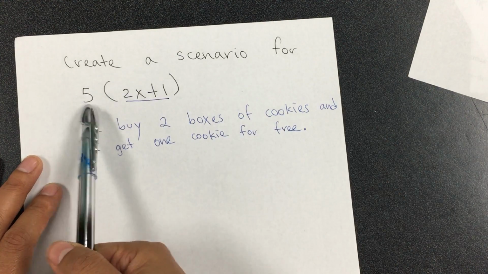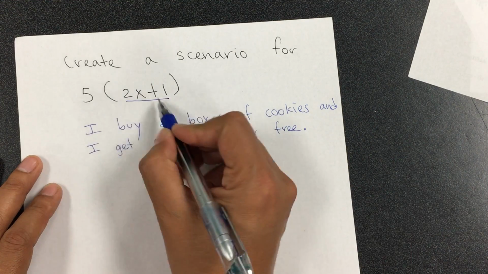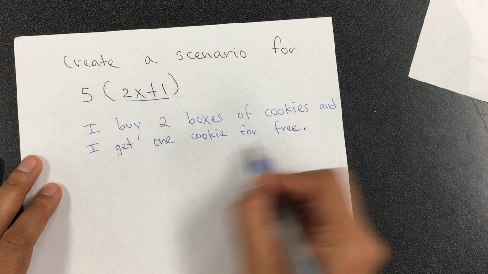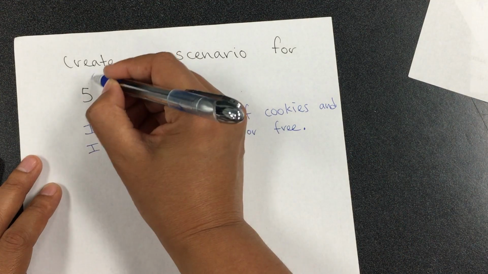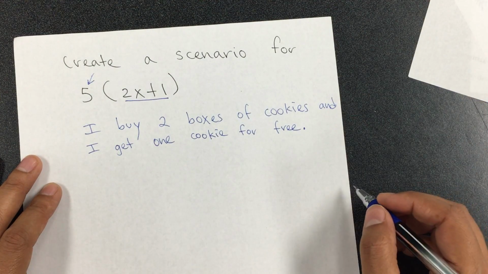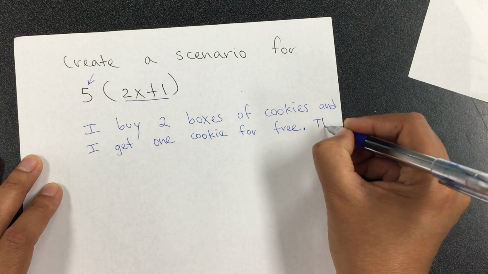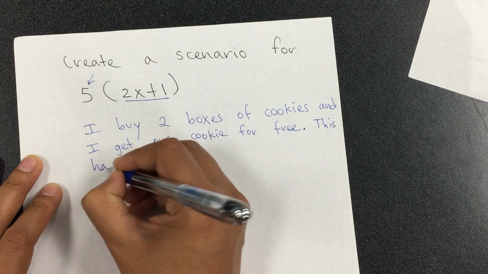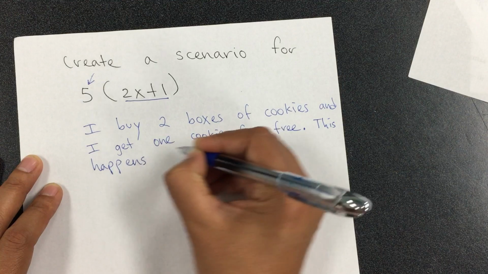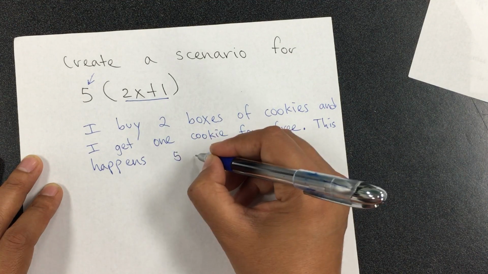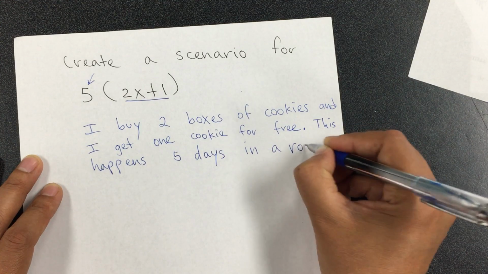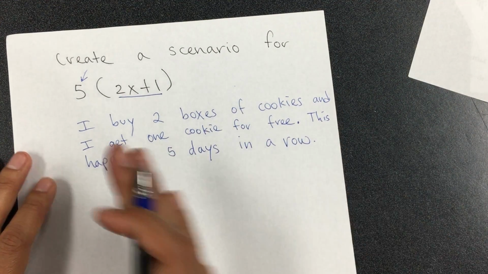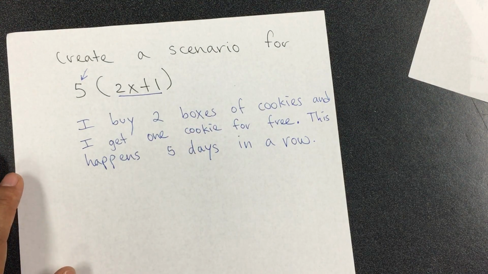And I do this 5 days in a row. So this, what just happened here, repeats 5 times. That's what that factor 5 is. Okay, so this happens 5 days in a row. It means consecutively.